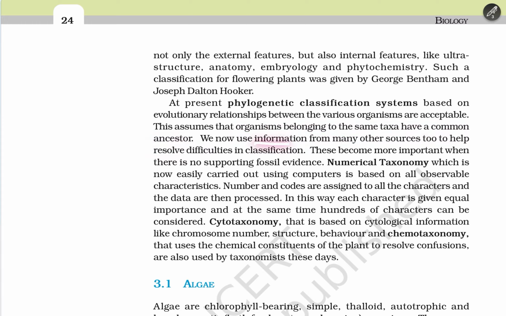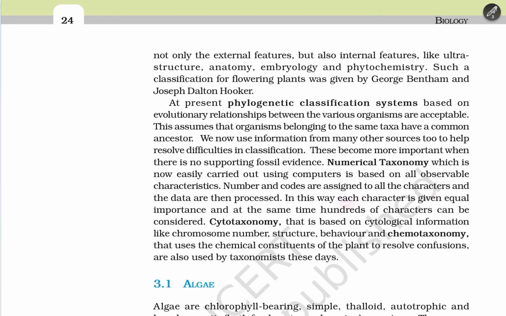We now use information from many other sources to help resolve difficulties in classification. This becomes more important when there is no supporting fossil evidence. Numerical taxonomy, which is now easily carried out using computers, is based on all the observable characteristics. Numbers and codes are assigned to all the characters and the data are then processed.